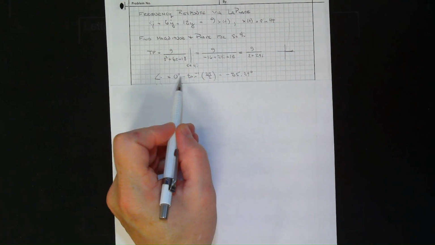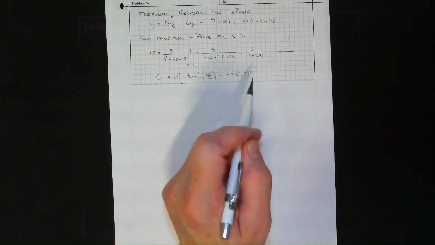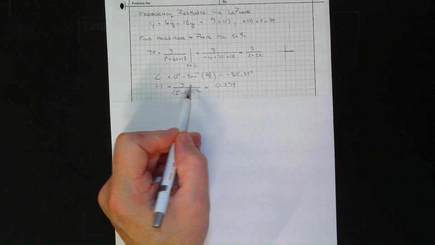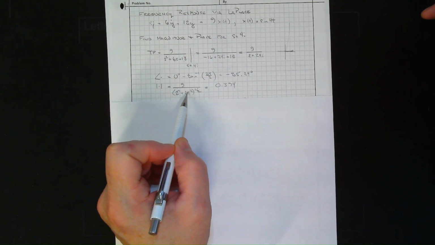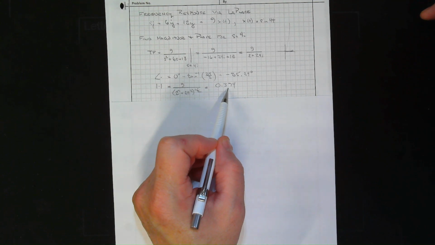From your work with complex numbers, you should be aware of this. So we have 0 minus the inverse tangent of 12, and that works out to minus 85.24 degrees. Okay, we need the magnitude. The magnitude of the top is 9: 9 squared plus 0 squared, square root, 9. The magnitude of the bottom, 2 squared plus 24 squared, square root. This works out to 0.374.